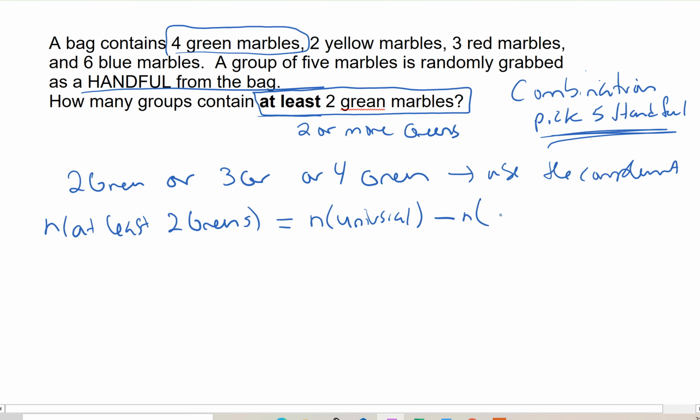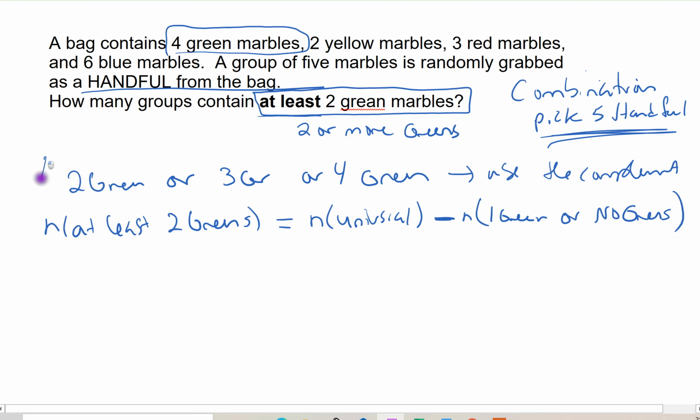Well, if I don't want at least 2 greens, the cases I want to throw away are the handful with 1 green, because it's not 2, or 0 greens, a handful with no greens. So I get 1 green or no greens. Now I want to throw those out, so this is a subtraction step. And so that's the method I'm going to use.